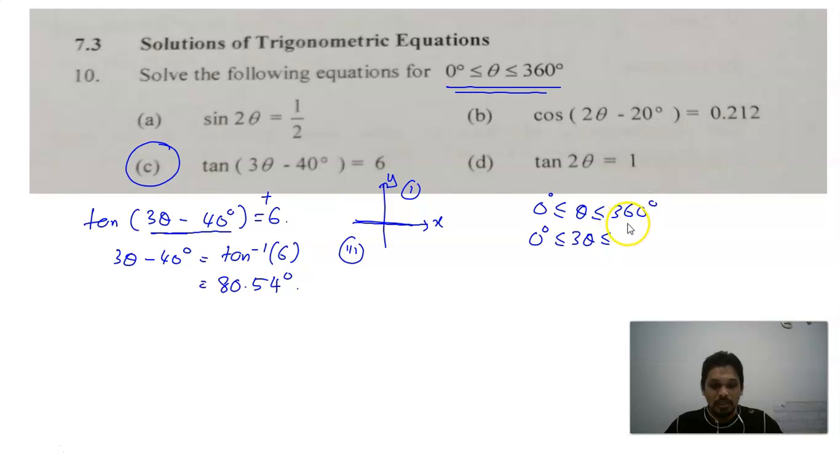And 360 multiplied with 3, 1080 degree, and 3 theta minus 40 degree. Okay, 0 minus 40 equal to negative 40 degree. And also here 1080 minus 40 equal to 1040 degree.